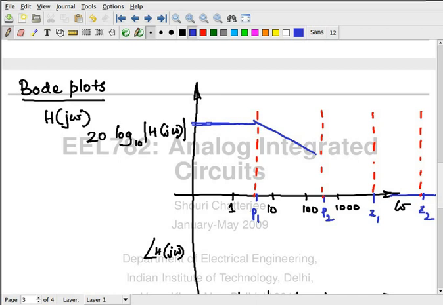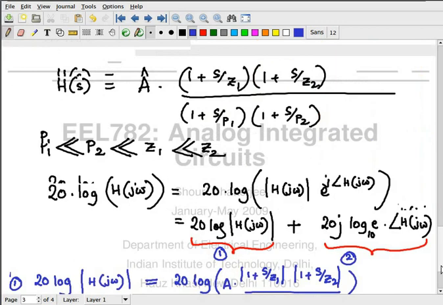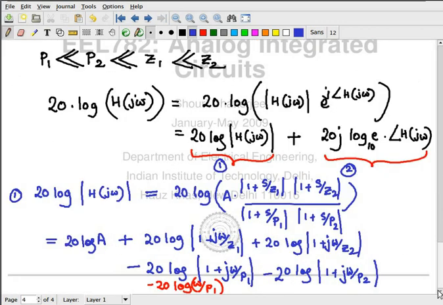What happened? This one, where did you drop off? You see this red term over here. You understood this: minus 20 log omega by P. If I increase omega 10 times, suppose I have some value, I take 10 times the value, then how much will this factor change?